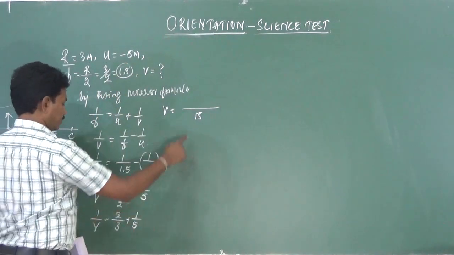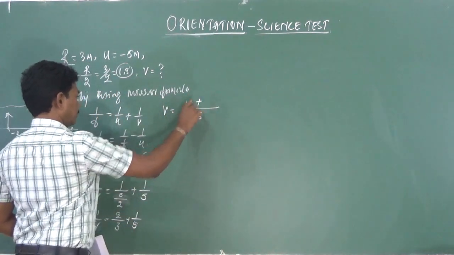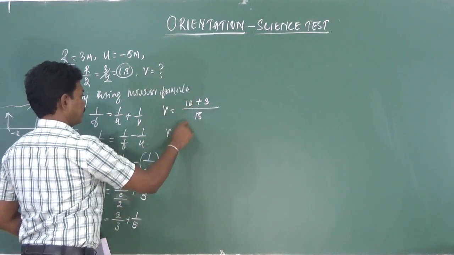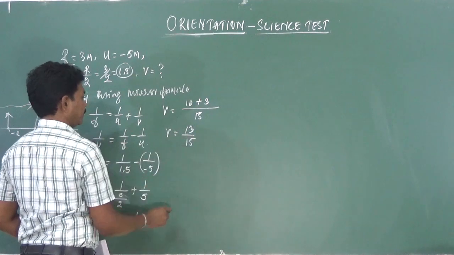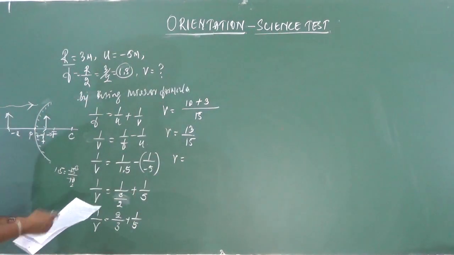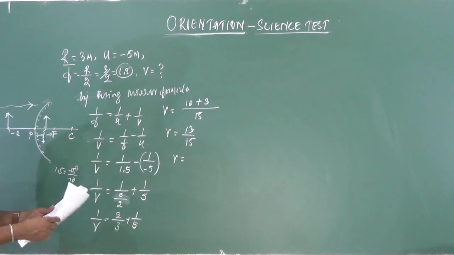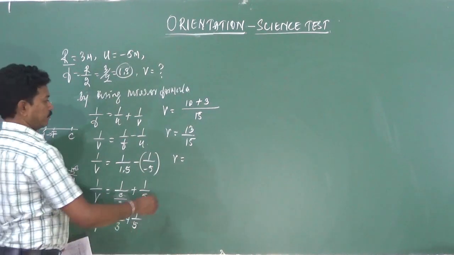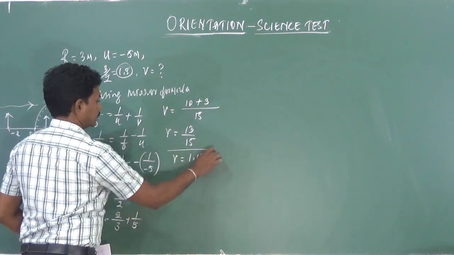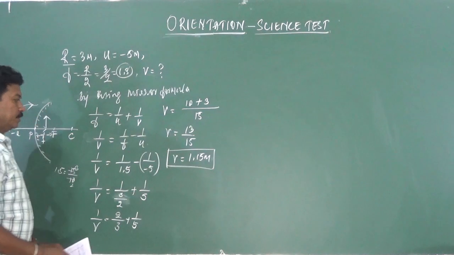So 2 by 3 into 15 is 10, plus 1 by 5 into 15 is 3. So that becomes 10 plus 3 is 13 by 15. So v is approximately 1.15 meters. That is the distance of the image.